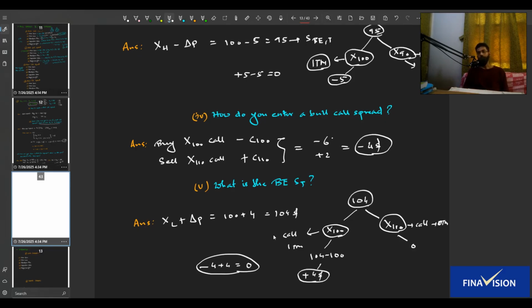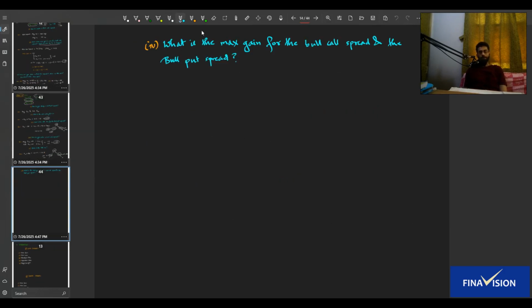The next question is, what is the maximum gain for the bull call spread and the bull put spread? Now friends, this question has two parts. First, in case of a bull call spread, what is the max gain? The condition is that the spot price has to reach at least the higher strike price, right?